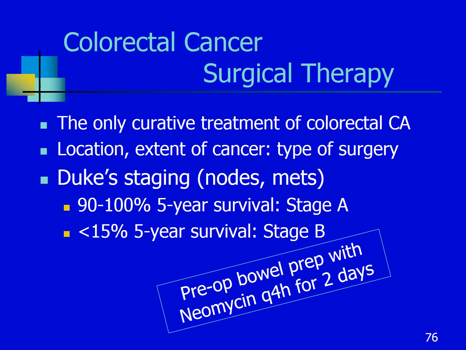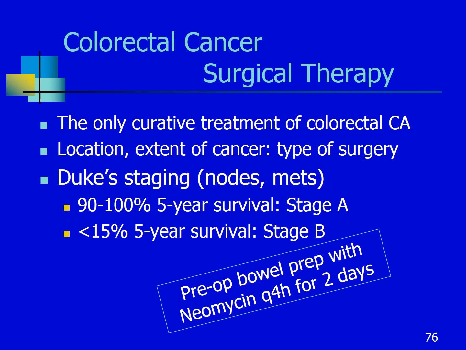The only curative treatment of colon cancer is surgery. So it's based on the location, the extent of it, and the type of surgery. There are different ways to stage it. Duke staging, which is not used as often anymore, has different stages, A, B, and so on.